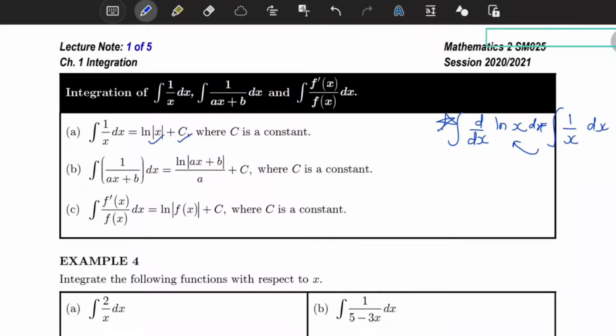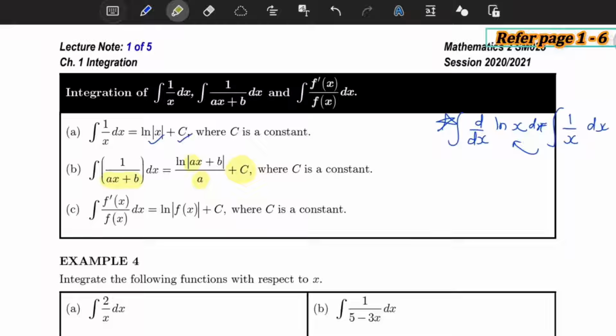Integrate 1 over (ax plus b) equal to ln of (ax plus b) and divide by a. Where do we get a? A is the derivative of the function ax plus b. We have coefficient of x is a. So we have ln of (ax plus b) over a, and plus c. Plus c is the integral constant.